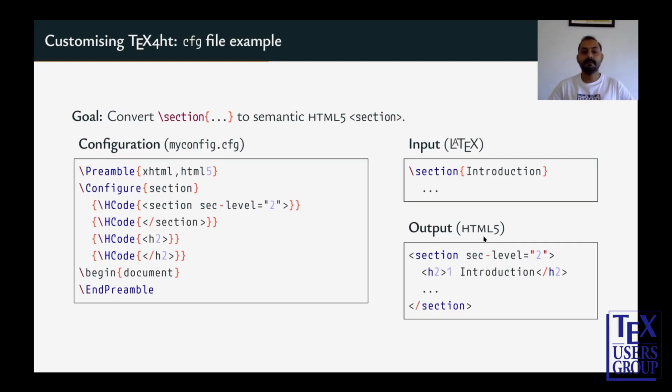The last 2 arguments here in the example, the HCode h2 and closing h2 tags, can be used to add XML or HTML tags before the section title and after the section title. Once TeX4ht runs with this configuration, it will produce the equivalent output that you can see on the right hand side.